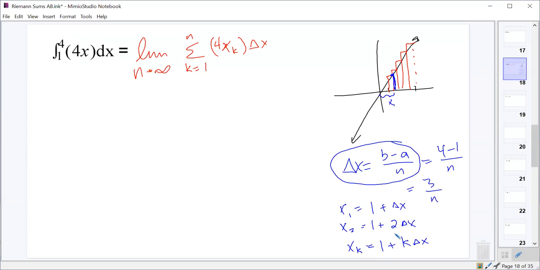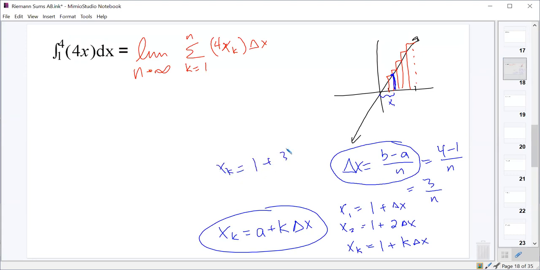It's always that a value. So we're going to say that x sub k is always equal to a plus k delta x 100% of the time. And our delta x was 3 over n. So our x sub k for this particular problem is 1 plus 3k over n. Good or no?